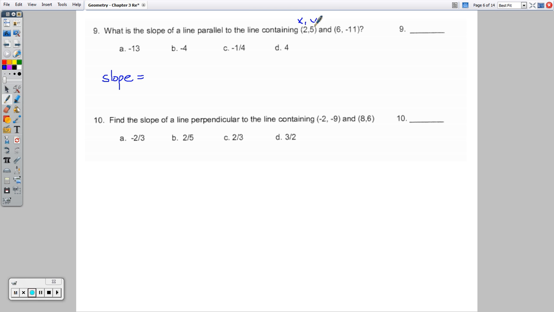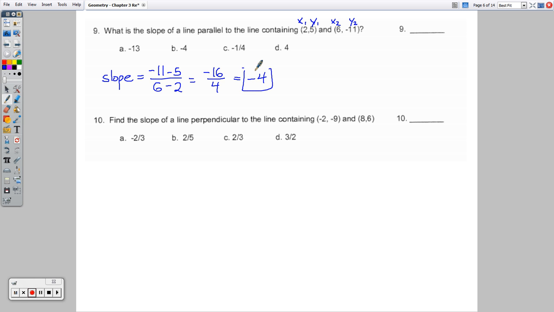Here's x1 and y1. And here's x2 and y2. My first pair of coordinates, my second pair of coordinates. And so this would be negative 11 minus 5 over 6 minus 2. That's negative 16 over 4. That reduces down to negative 4.